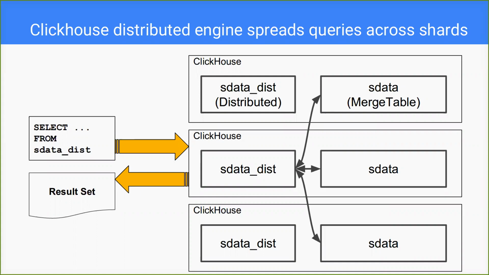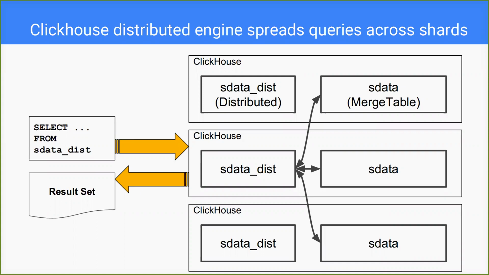You keep those local tables we just saw defined, and you define an umbrella table across them using the distributed table engine. Part of its definition links to a configuration file that tells where all the underlying tables are located.